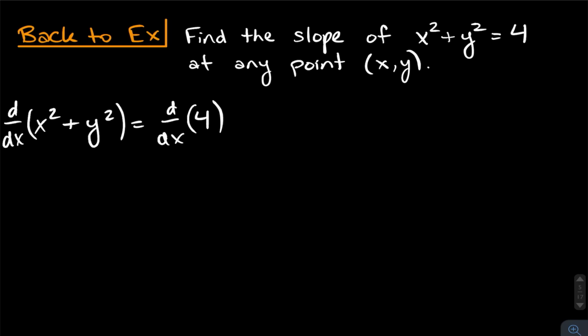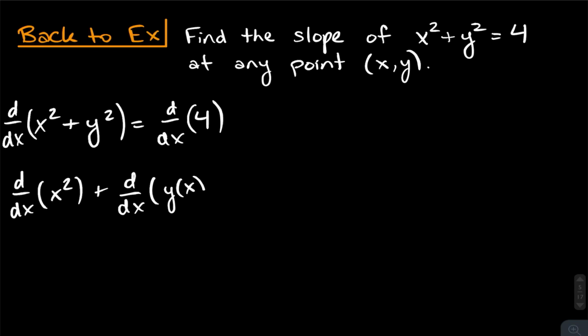When you do that, you can split up these terms using our derivative rules and take the derivative of each piece separately. And remember, this is y of x squared, a function of x. On this side, it's 0.